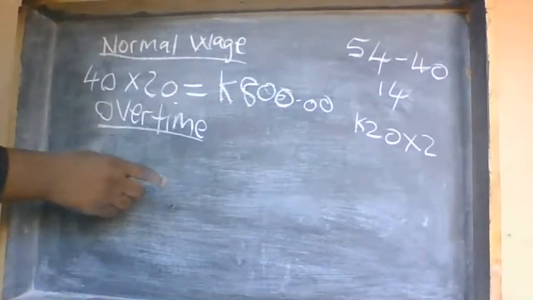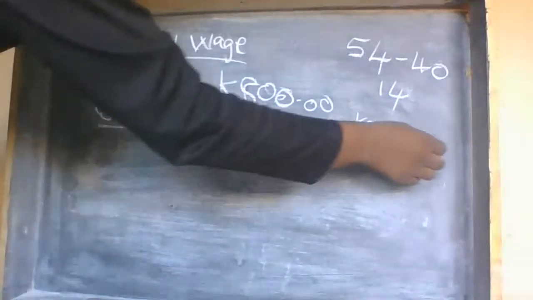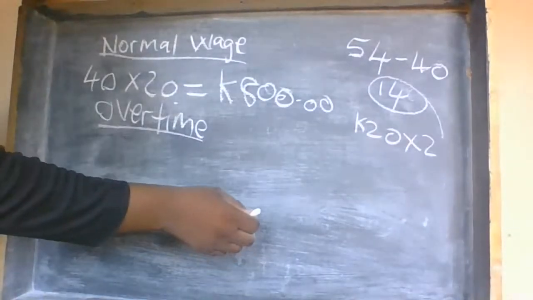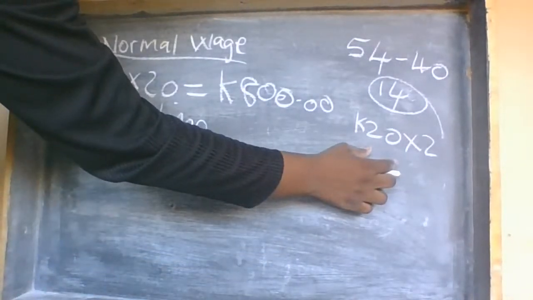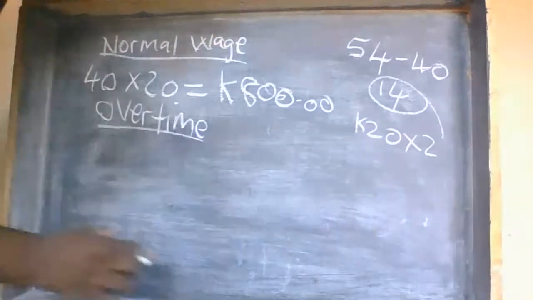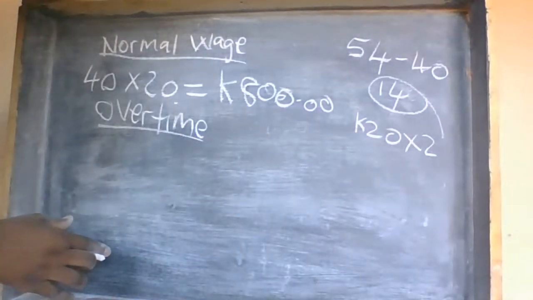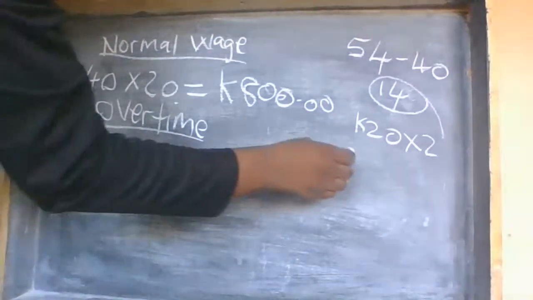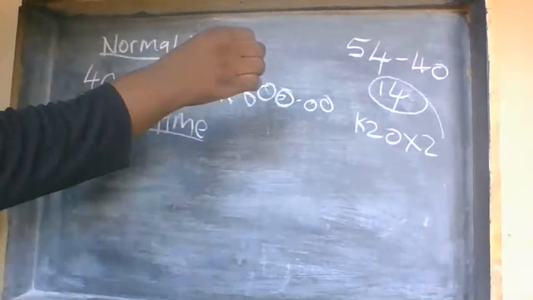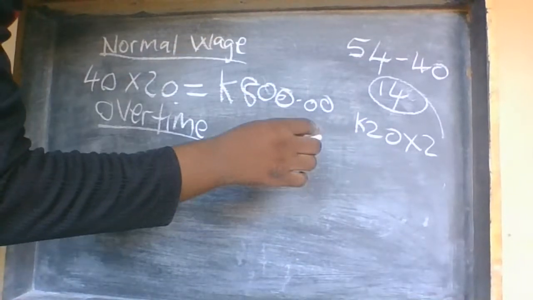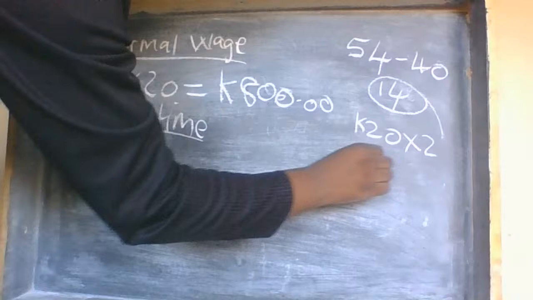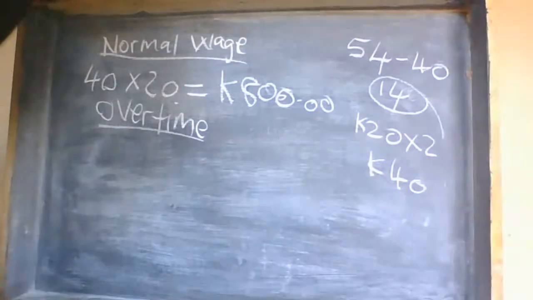So for whatever overtime this person is going to have, on the side of the money, it will be times 2 the normal rate. Therefore his overtime amount that he will be paid per hour will be 40 kwacha.